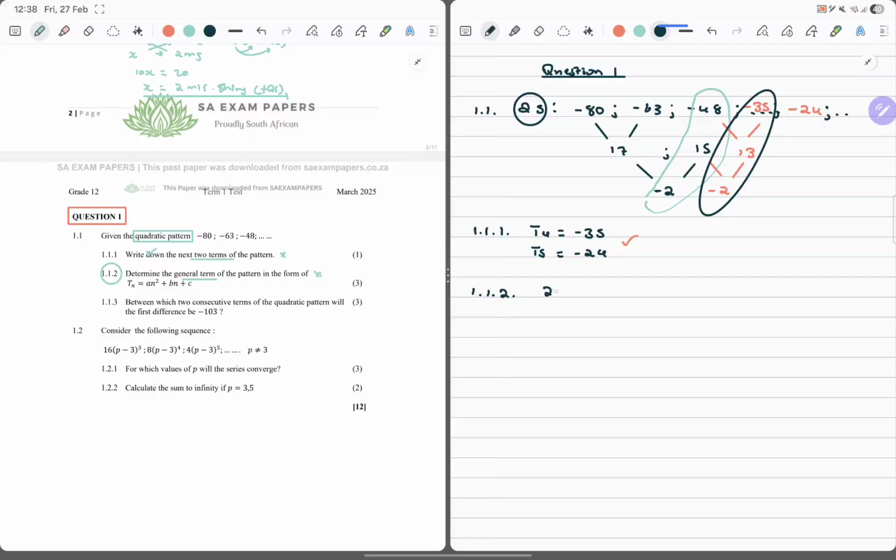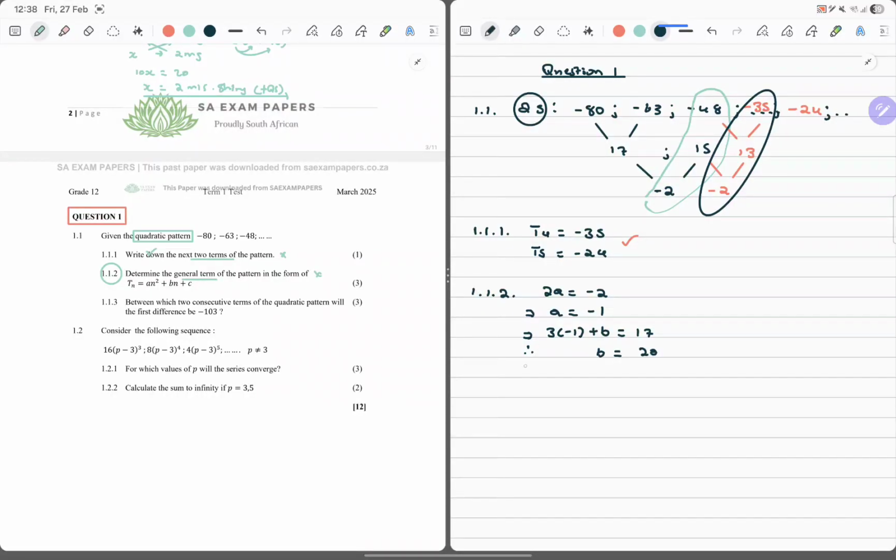So we know that 2a is equal to minus 2. This implies that a is going to be minus 1, which will also imply that 3a plus b, where a is minus 1, is going to be the very first difference. Therefore, our b is going to be 20.